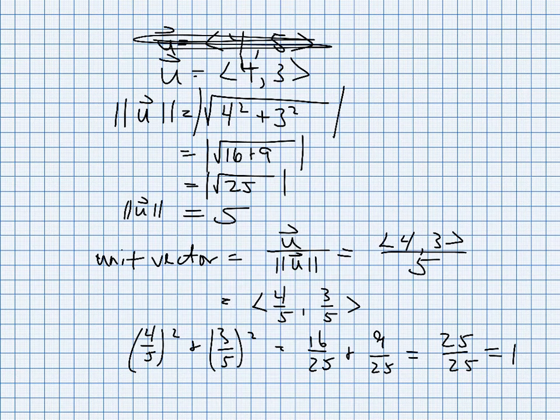So we have found our unit vector. So we take our vector that we're given, and we divide it by the magnitude of that vector to find our unit vector in that same direction.